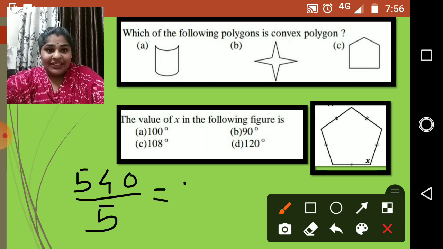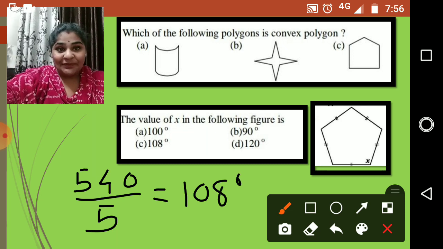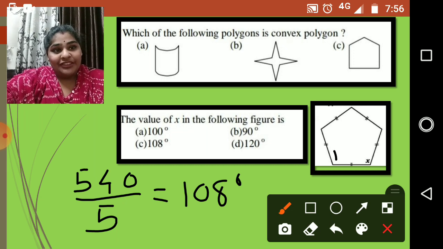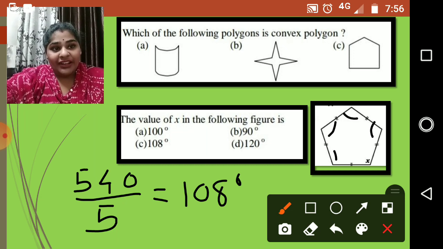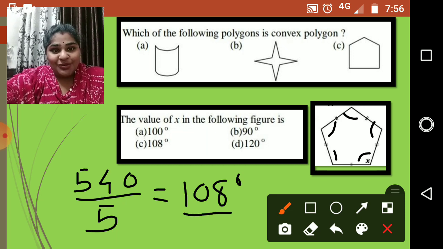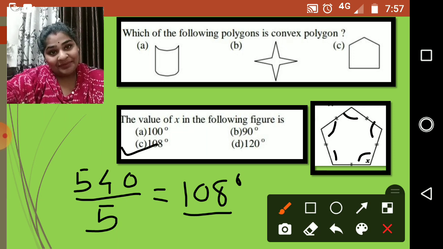So this will be equal to 108 degrees. So now I know that each angle of the given figure, as they are all equal, is 108 degrees. So I will choose my C option, which is 108 degrees.